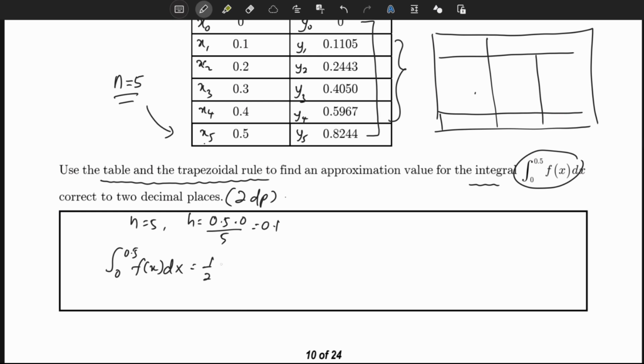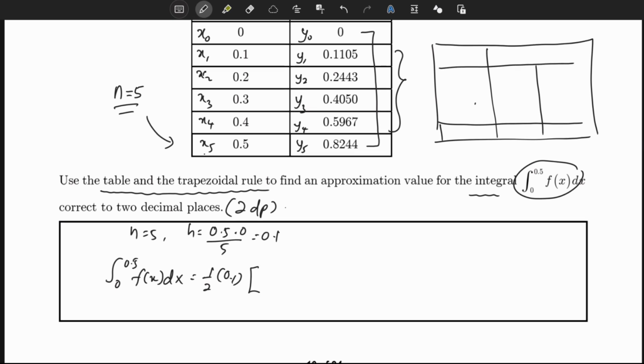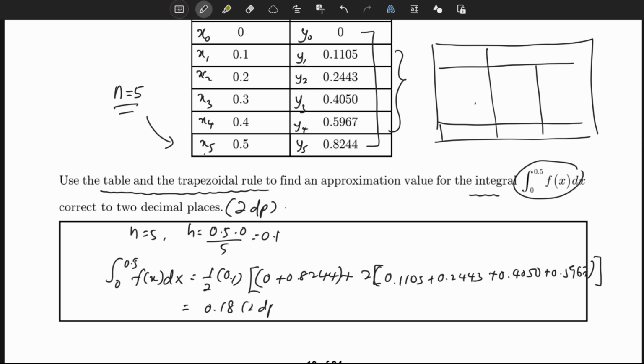So half of h, 0.1, and then we take the values: y0 plus y5, so 0 plus 0.8244, plus 2 times the intermediate values 0.1105 plus 0.2443 plus 0.4050 plus 0.5967. Just press your calculator, and we have 0.18 to 2 decimal places.